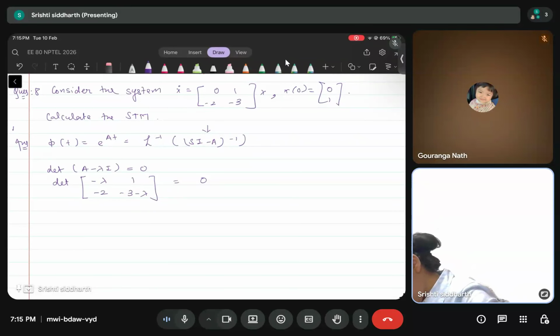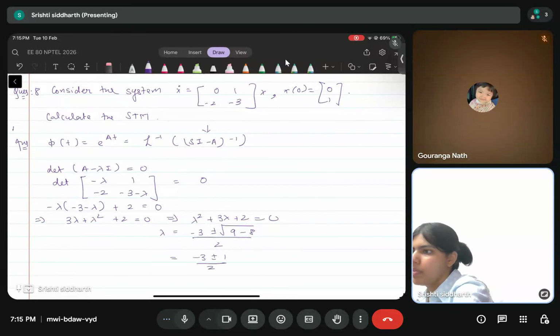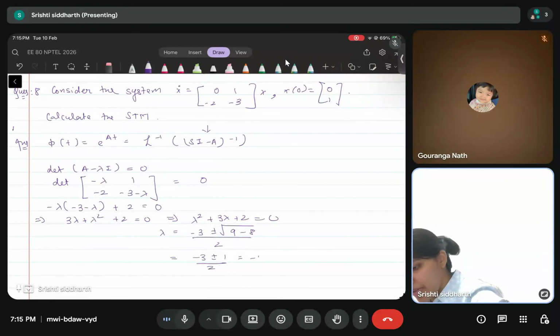So this becomes lambda square plus 3 lambda plus 2 equals 0. So lambda is minus 1 and minus 2.